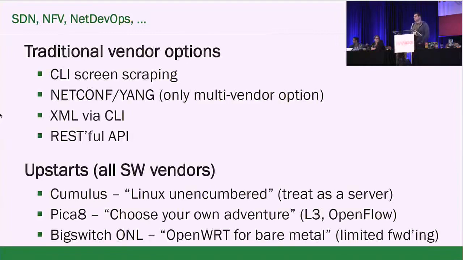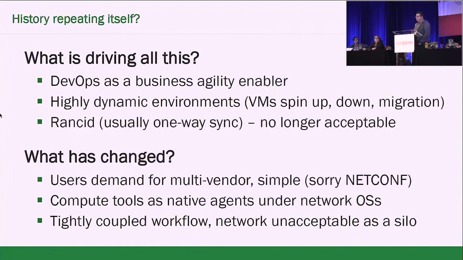And Big Switch has a really nice offering too, where they're really focused on providing a base open Linux distribution for these bare metal switches and routers. So again, we're seeing some innovation coming from a very different direction, not from traditional vendors, but from startups that have a product that's molded around making the user empowered as much as possible.